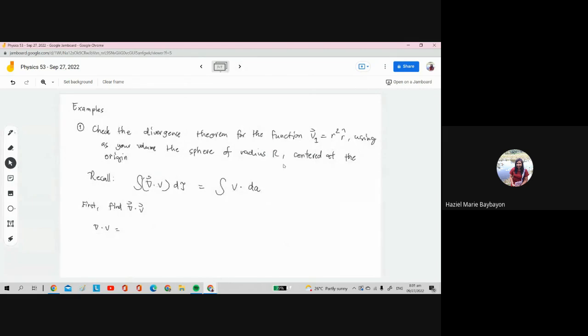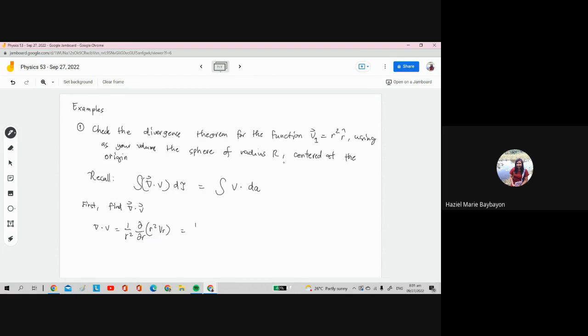Okay? So, 1 over r squared, partial derivative of r squared multiplied by v sub r with respect to r.